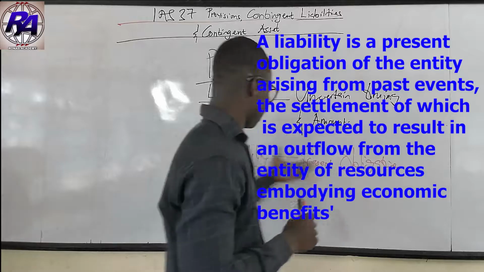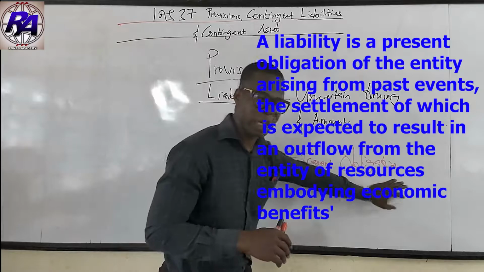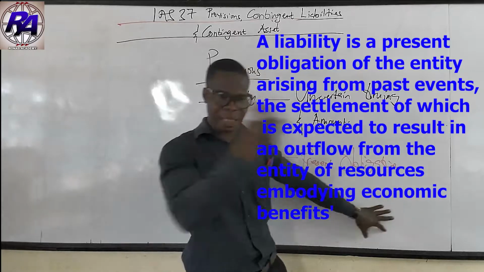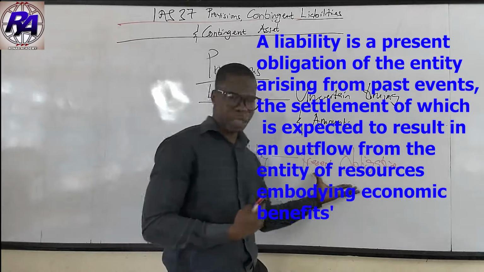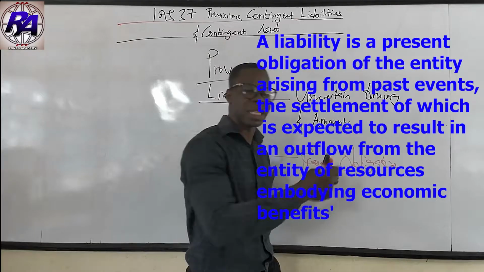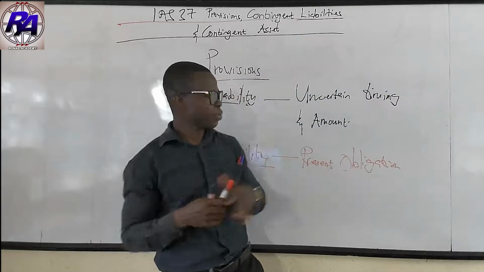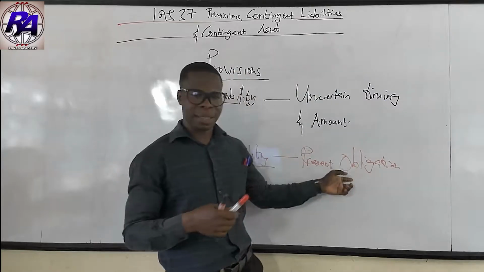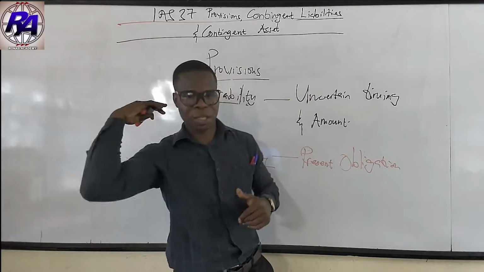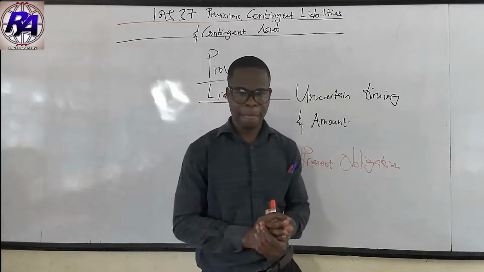That is liability. I'm taking it again. We are saying that it's a present obligation which is a result of past events. This obligation the business is presently having because they have already undertaken a transaction in the past. So this obligation is present, but it's as a result of a transaction taken in previous years or the previous accounting period of the entity.